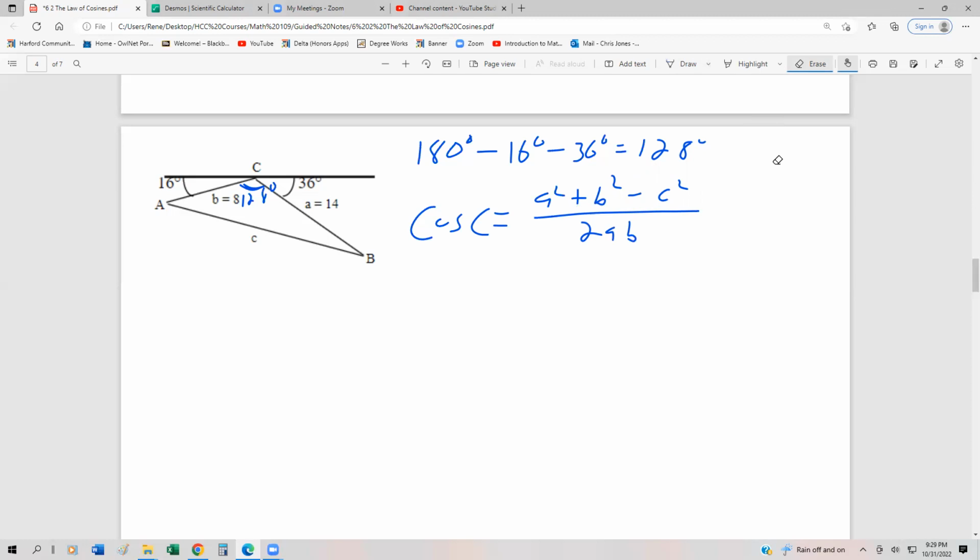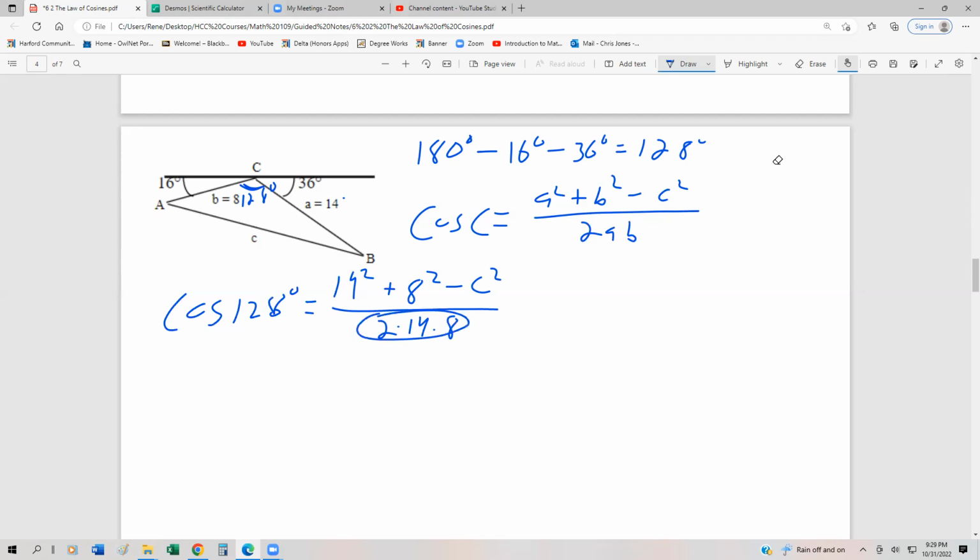So cosine of 128 degrees is going to be equal to a squared, and we know a is 14, plus b squared, 8 squared, minus c squared, which is the unknown, divided by 2 times 14 times 8.